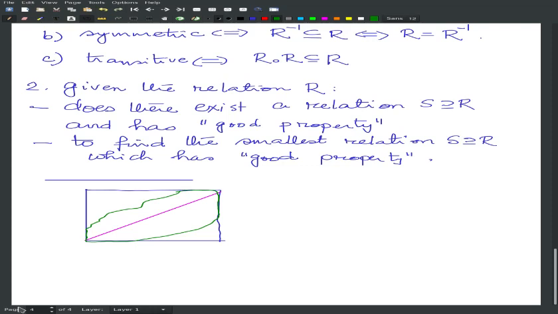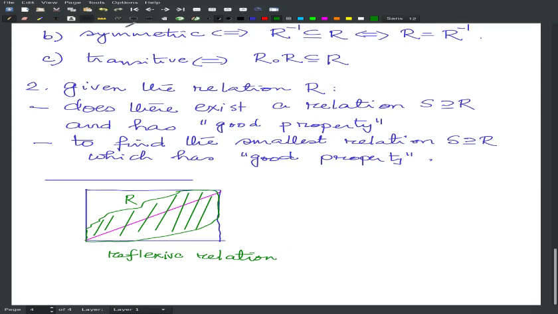Clear? You see how I am drawing subsets of this? So if this is my R, this is giving a reflexive relation. That is the picture of a reflexive relation. Okay?